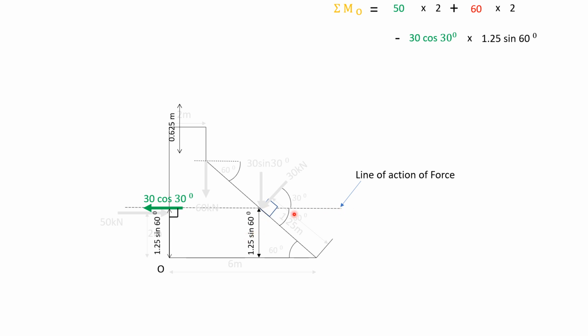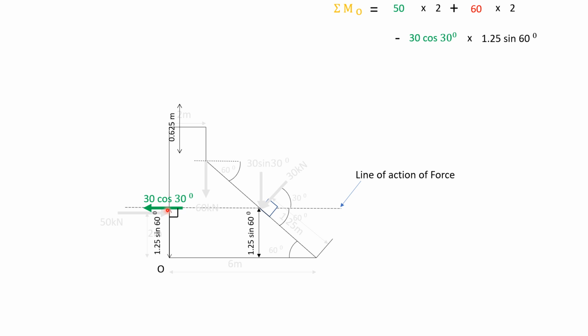So for this force, this is line of action of force, and it will have a perpendicular distance of 1.25 sin 60 about point O, not 2. This 2 is for this 50 kilonewton force. For this 30 cos 30 degree force, we get perpendicular distance from this distance and this angle and sin theta.